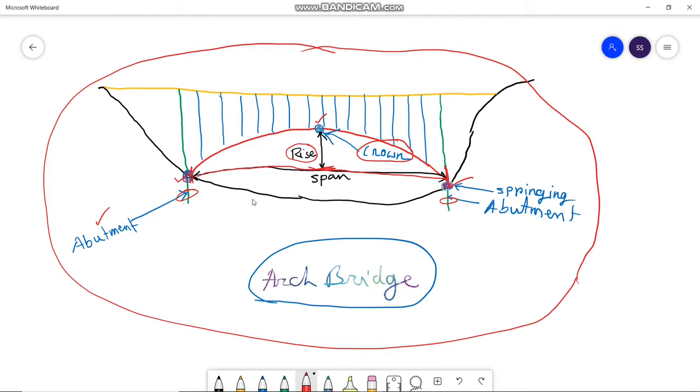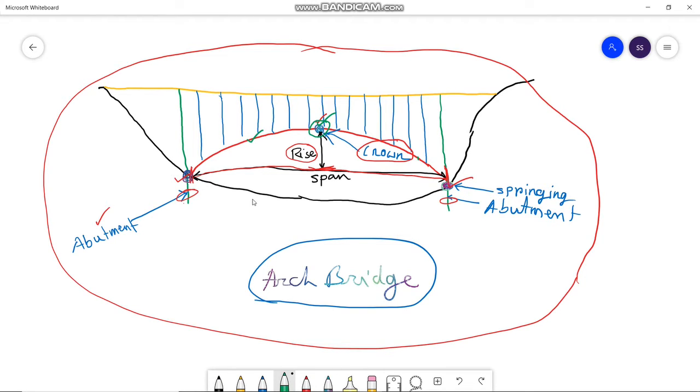One thing to be remembered specifically: this is the crown, the topmost point of the arch. This is the arch.